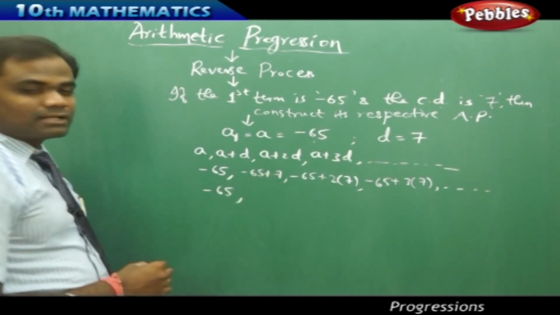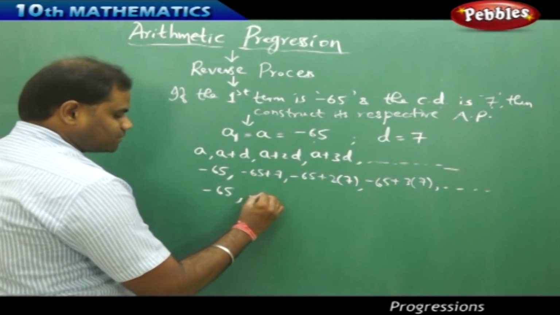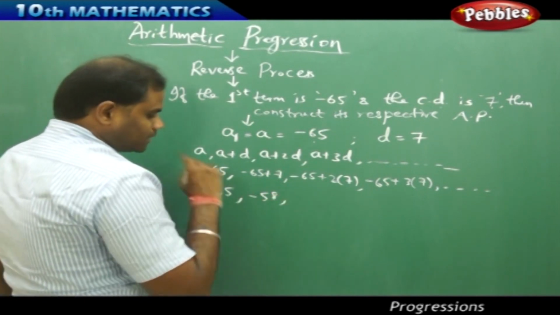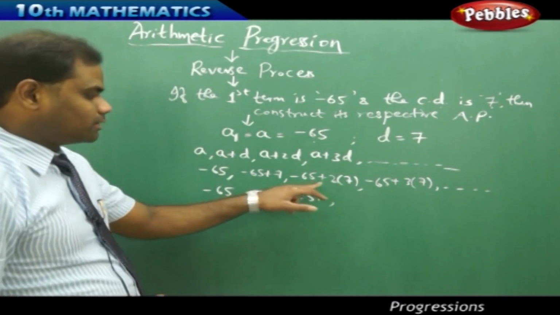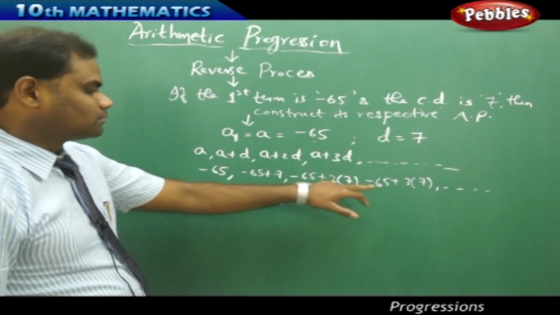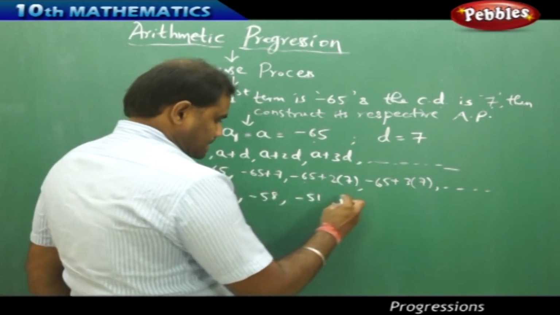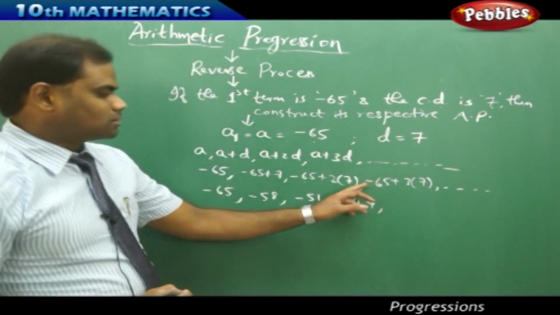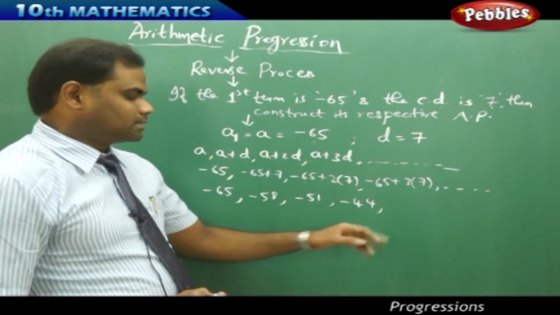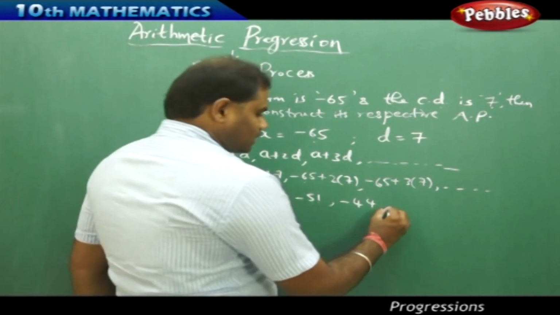Negative 65 plus 7 is nothing but negative 58. Then negative 58 plus 7 is negative 51, plus 14 is negative 51, and this gives me negative 44, because minus 65 plus 21 is negative 44, and so on.